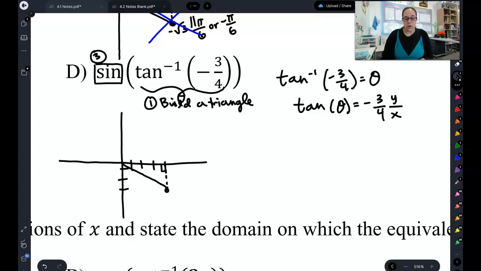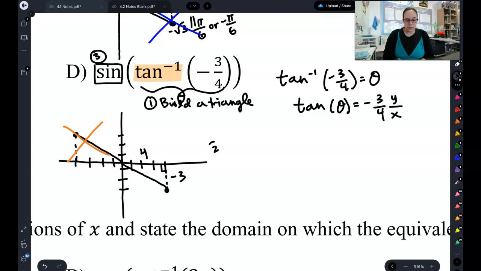Now remember, that could also be a y value of positive 3 and an x value of negative 4. So there's our two triangles that fit. However, this is arctan, so that means arctan is quadrant 1 and negative quadrant 4. So I don't want that one, so I want this one.